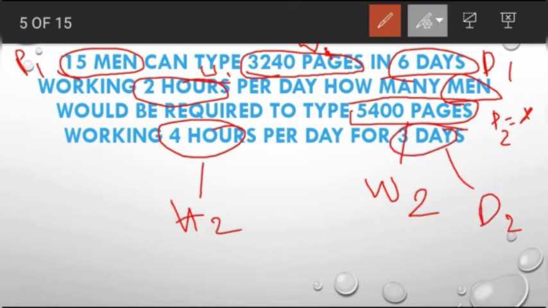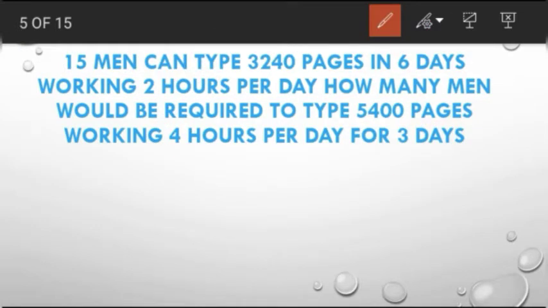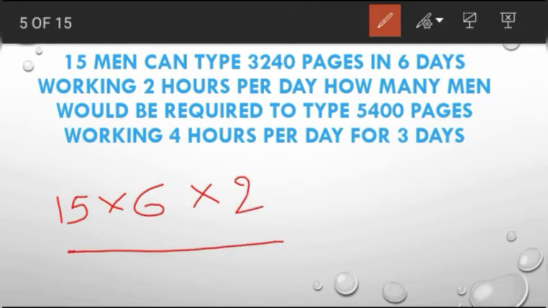Now substitute all the values in the formula. 15 P1 into D1. What is D1? Number of days 6 into H1, 2 hours, by what is P2, how many persons? So let us consider X into how many days? 3 days into how many hours? 4 hours equals W1.